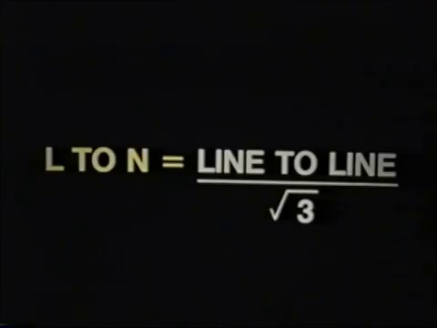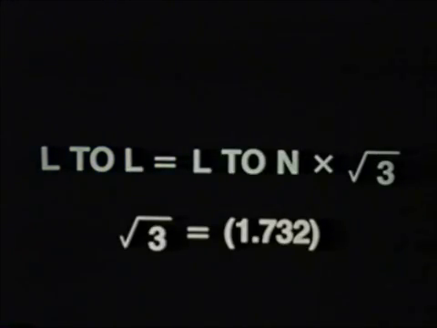The formulas for calculating the voltage in a three-phase Y-connected alternator are: A, line to neutral voltage equals line to line voltage divided by the square root of 3. B, line to line equals line to neutral times the square root of 3, which is 1.732. Where L to N, line to neutral, equals voltage line to neutral, then L to L, line to line, equals voltage line to line.